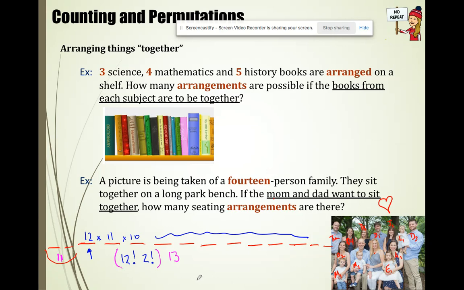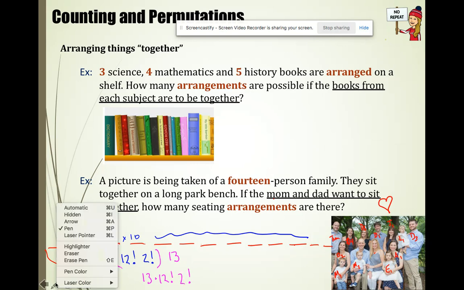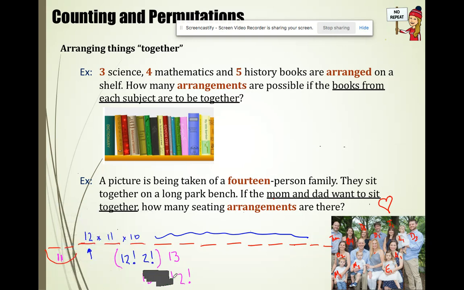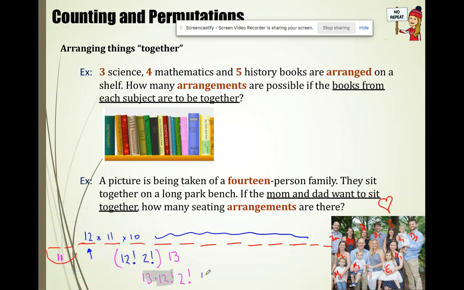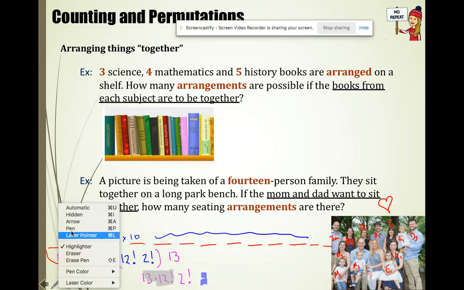Kind of cool, right? This is all multiplication, right? What if I wrote it like this? Can you see what you can do right here? What is 13 factorial times 12? I'm sorry, what is 13 times 12?